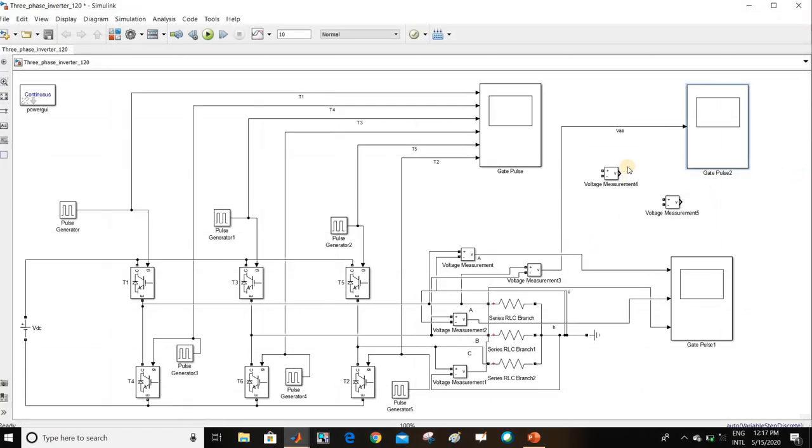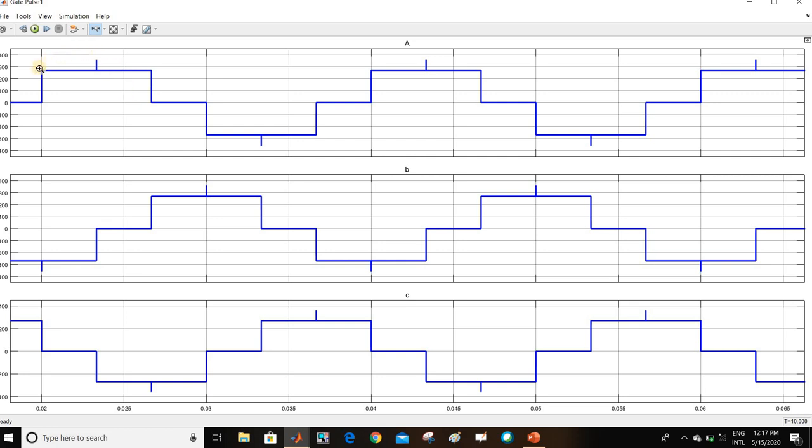So what should it come? VAB. VAB is equal to VA minus VB. From the waveform of phase voltages we can see VA for the span 0 to 60 degree is 270, and for VBN again it is minus 270. That means VA minus VB, that means 270 minus minus 270. So it will become 270 plus 270, 540 for the span of 0 to 60 degree.